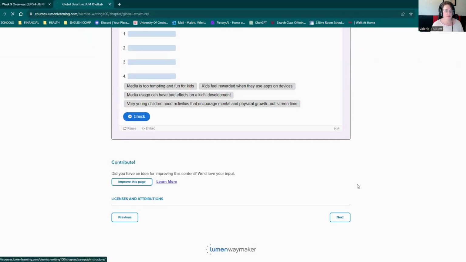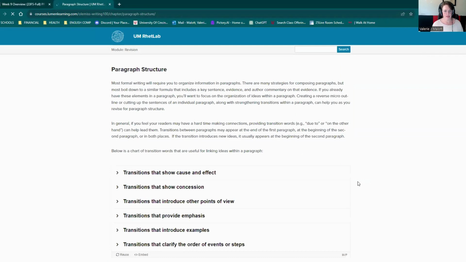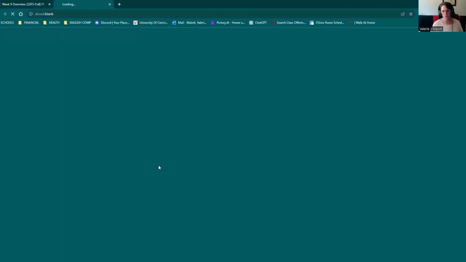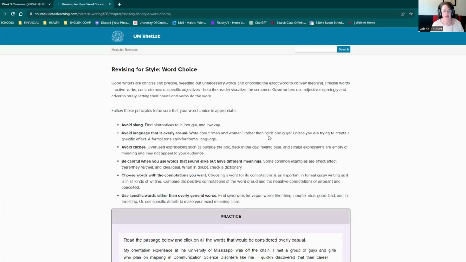Then the next one, I think it's the next page. Nope. We had that last week. Revising for style, word choice. Now is really when you need to start thinking about word choice and how to write in a more quote unquote academic tone. So that means trying to avoid slang, find alternatives to the very common slang things that we use in our day-to-day language.